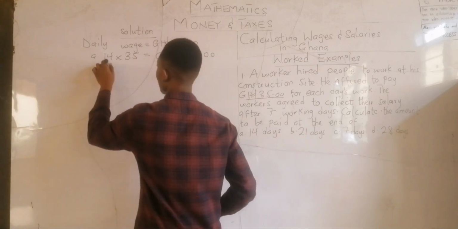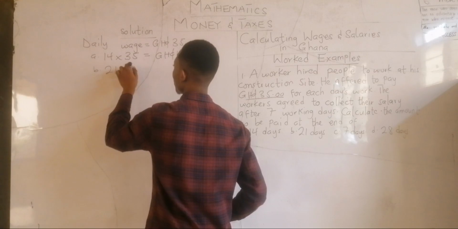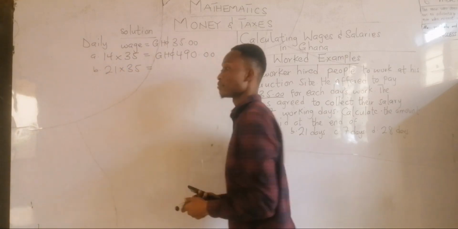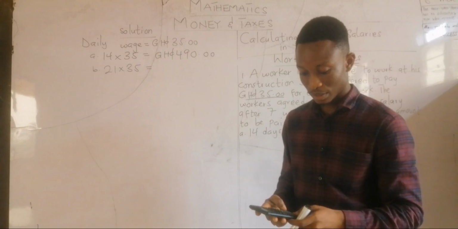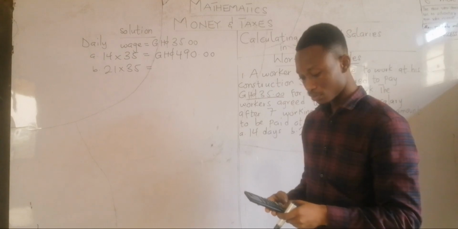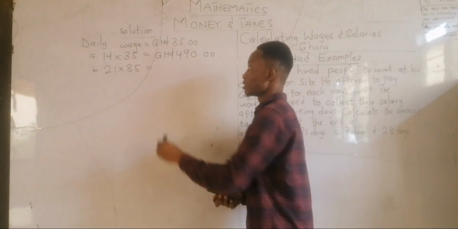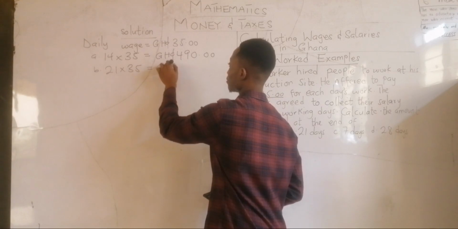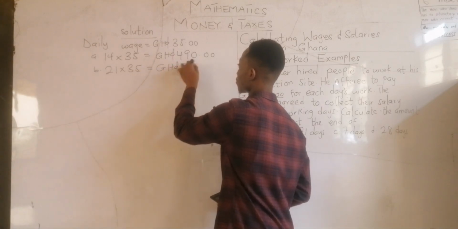B, we have 21 days. So 21 times 35. The worker is working for 21 days, and they are going to receive 735 Ghana cedis.